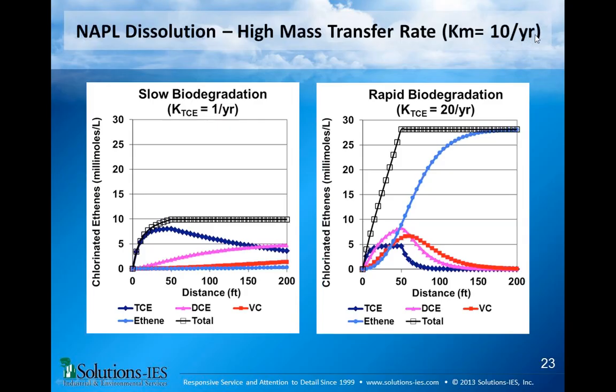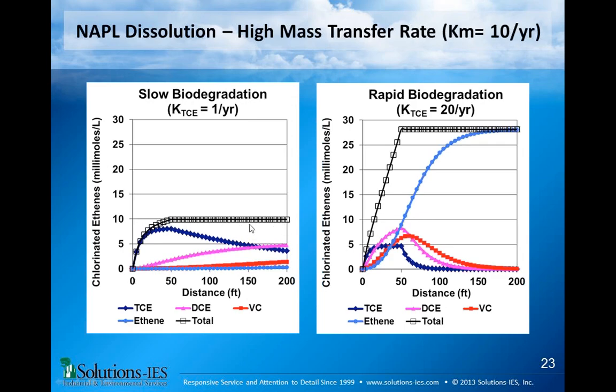It just stays high. If we bioaugment and bioremediate and add a substrate, what's going to happen is TCE will start to dissolve and increase and increase. And then as you get out here, the TCE is degrading, producing DCE and vinyl chloride and ethene.